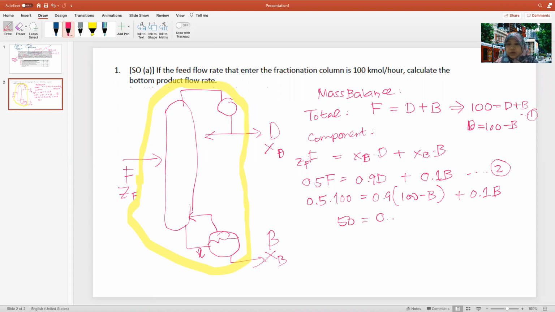This is 90 minus 0.9 B plus 0.1 B. So up to here, it will become 90 minus 50. This one goes to that side, would be 0.8 B. So 0.8 B is equal to 40. Then B equals 40 divided by 0.8.